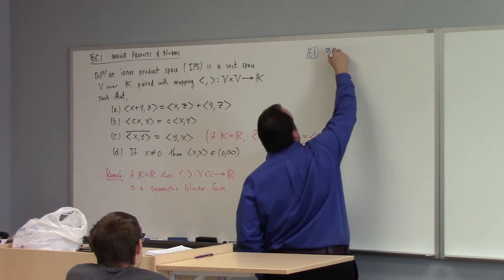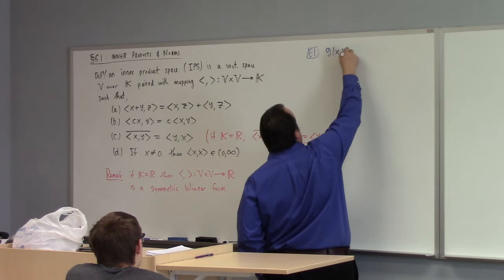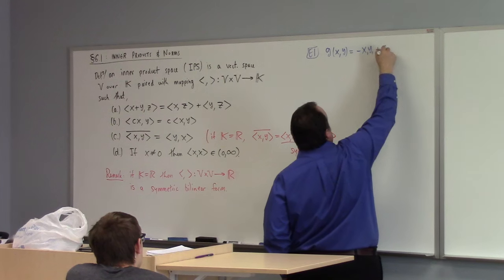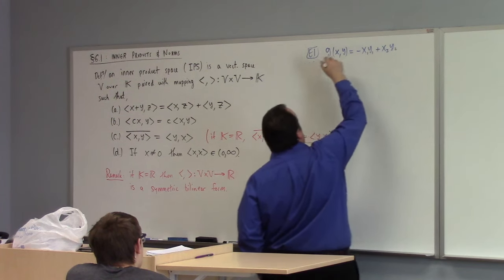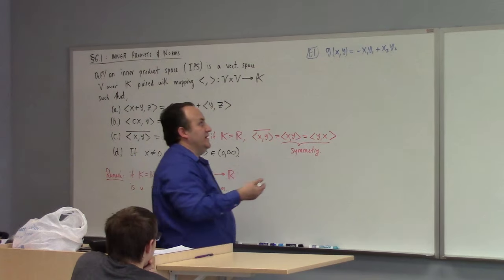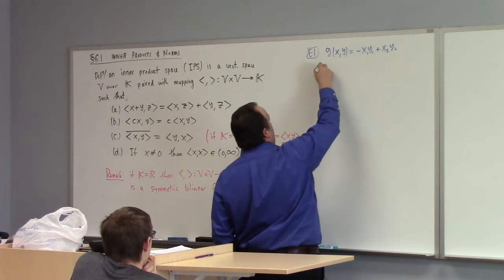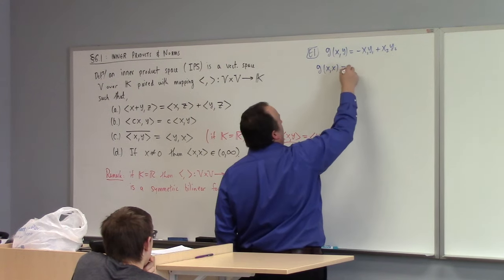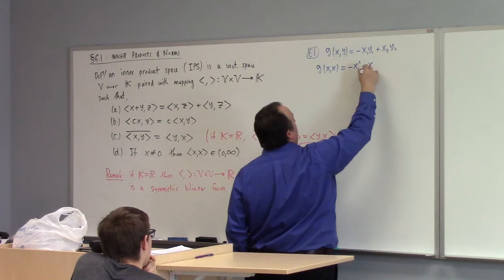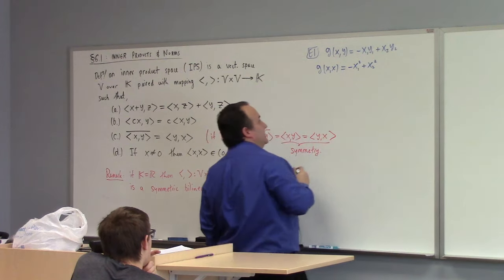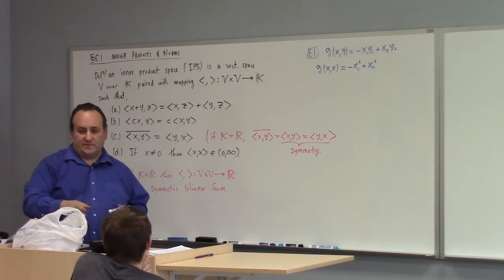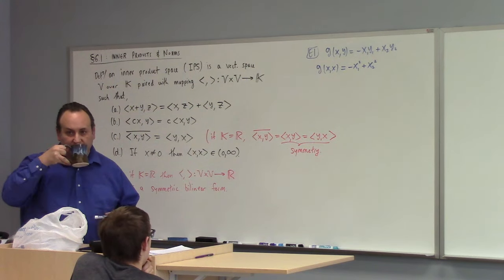G of x comma y equal to minus x1 y1 plus x2 y2. That would define a symmetric bilinear form, but if you look at g of xx, what do you get? Does that have to be positive if x is non-zero? It does not, right?